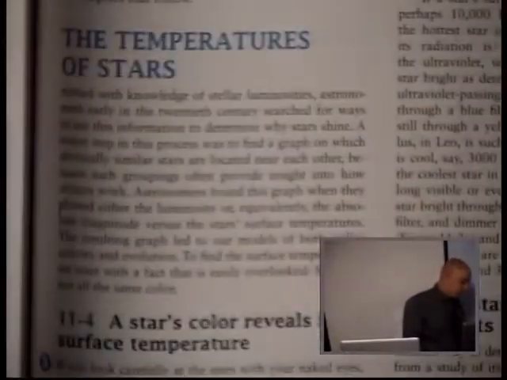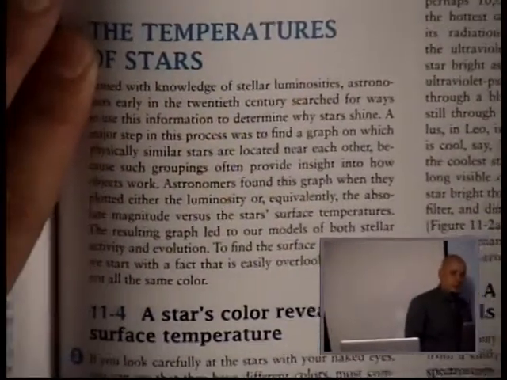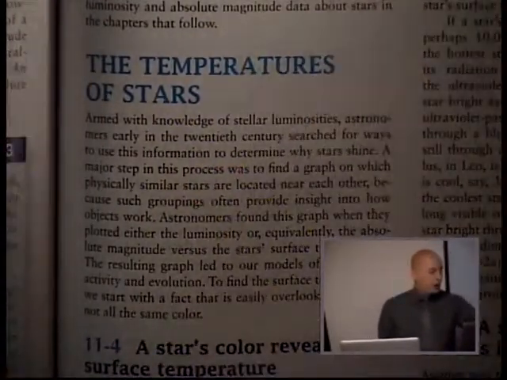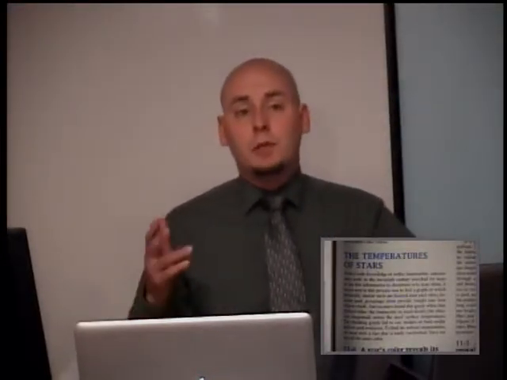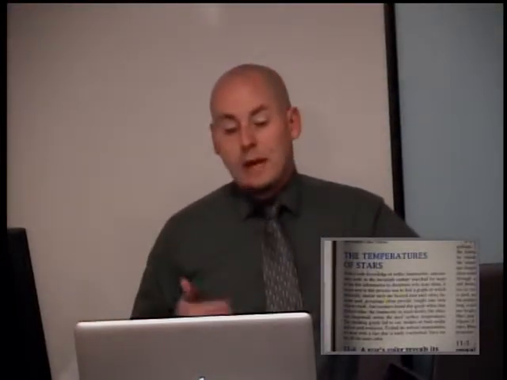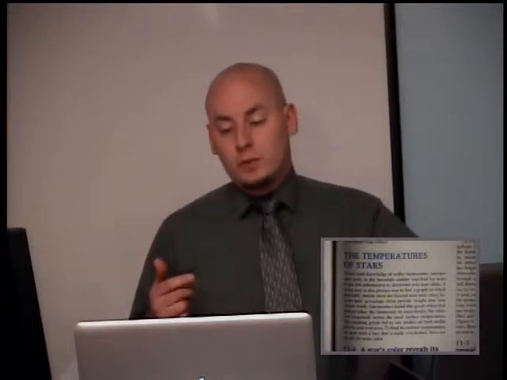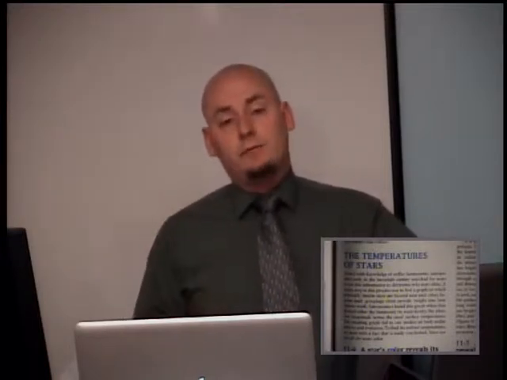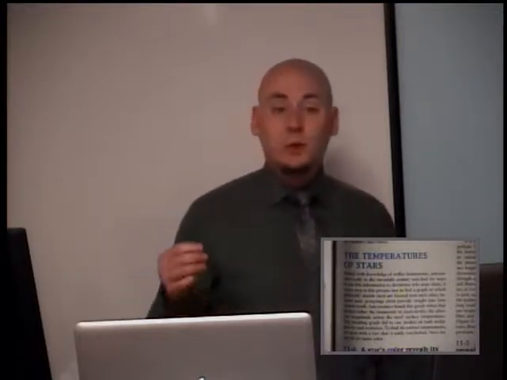All right. The second major part of this chapter is talking about the temperatures. Temperatures are very easy to tell ballpark estimates. And we talked about this way back when we talked about atomic spectra. Remember we said that, with a candle, the red part of the candle flame is hot, but the blue part is really hot.